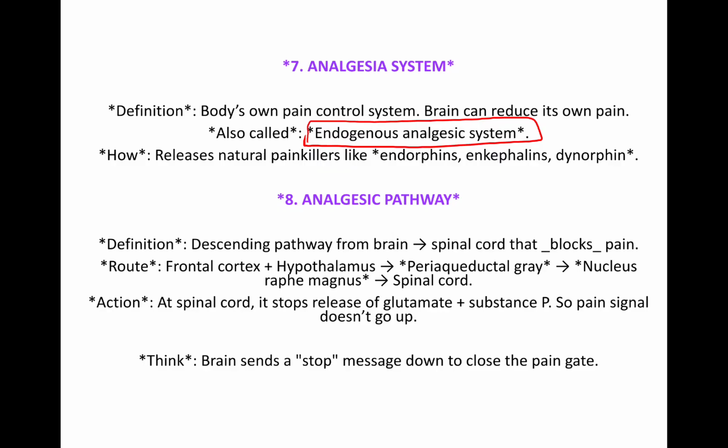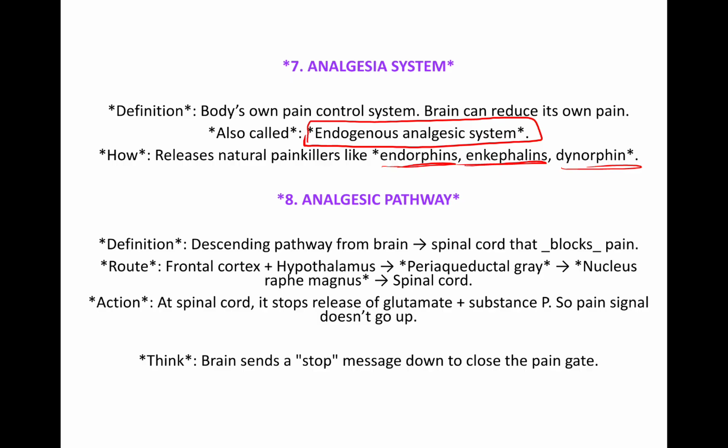The body releases natural painkillers like endorphins, enkephalins, and dynorphin. These are natural painkillers which are released by the body itself. Easily you can remember endorphins, which is more known to you.